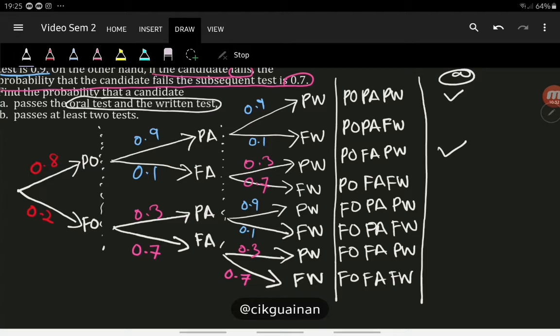So we calculate the probability for each one of them. So pass 0.8 multiply 0.9 multiply 0.9. And this one is 0.8 multiply 0.1 multiply 0.3.